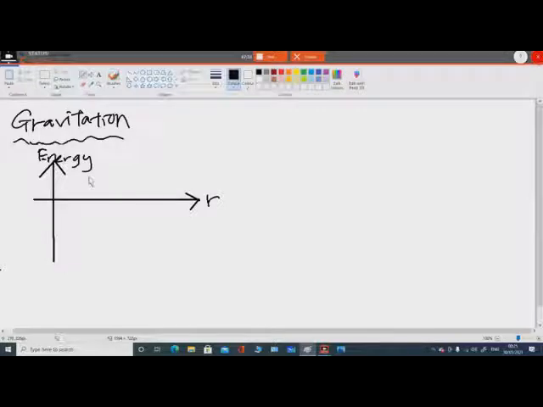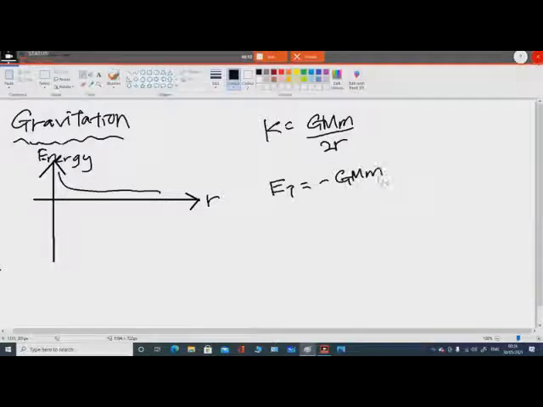Okay, we know that kinetic energy, K, is equal to GMm over 2r. So our kinetic energy is on the positive part, and this one will be a reciprocal graph. As for total energy, which is negative GMm over 2r, the negative is included.